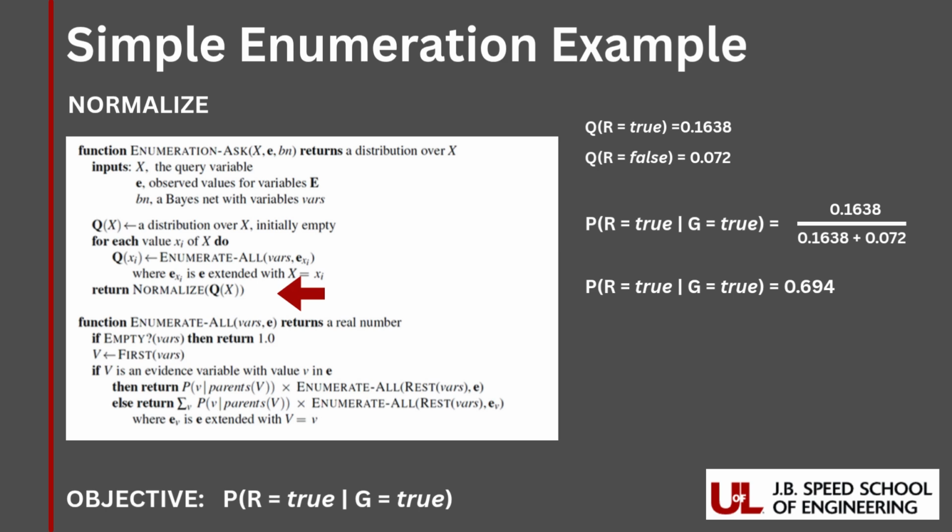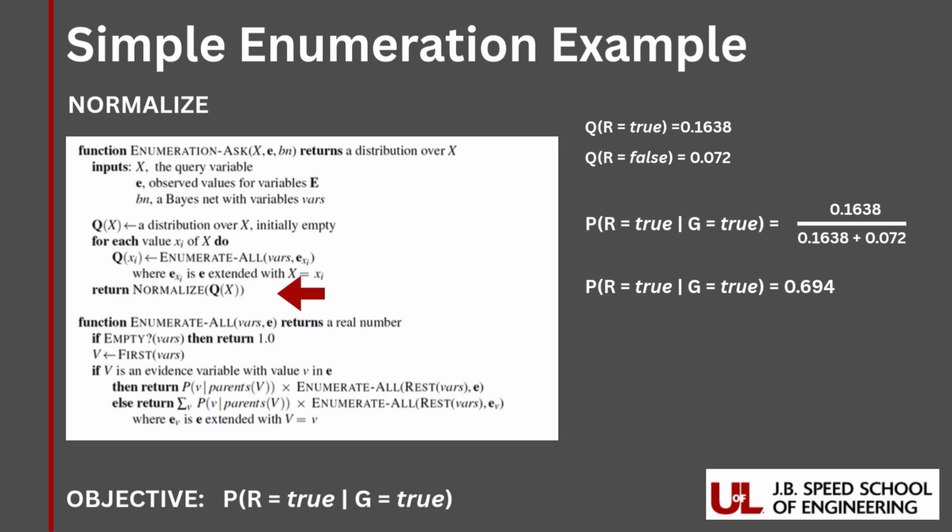And so we're interested in the probability of rain being true, given that the grass is wet is true. So that'll be our numerator, the true value of Q of R, and then the summation of true or false on the bottom end. And so that will actually leave us with a 0.694 probability that it rained, given that the grass is wet.